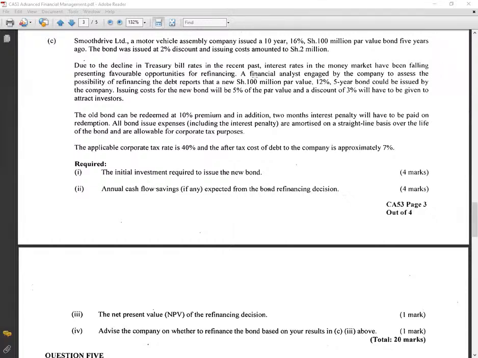The discount of the new bond, ladies and gentlemen, is 3%. 3% of 100 million, so 3% of 100 gives me 3. So remember, discount and issue cost must always be divided by the number of years. The number of years here are how many? There are 5.